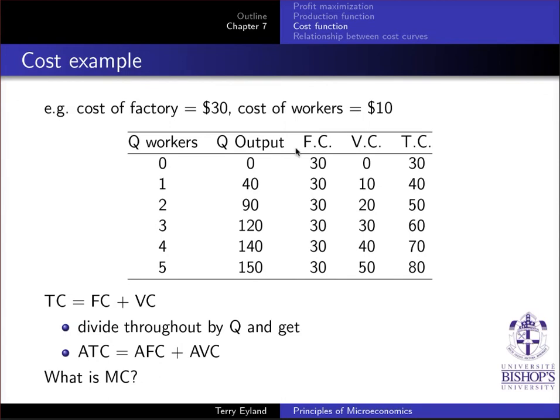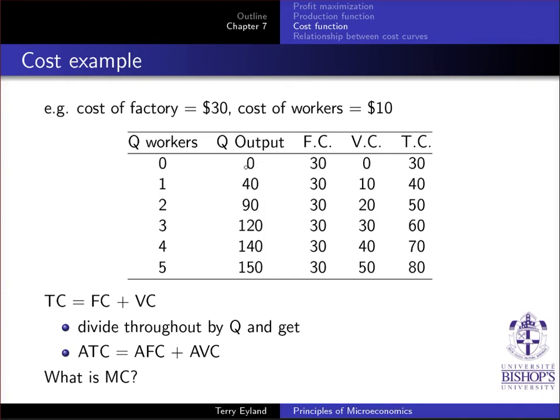So that's the easy way that these 3 columns have been determined, simply by looking at the different input levels and the information that we have with regards to the cost of the factory and the cost of the workers. This information would be the information given in the context of a situation like we had before, potentially this idea of specialization and then diminishing marginal product of labor.